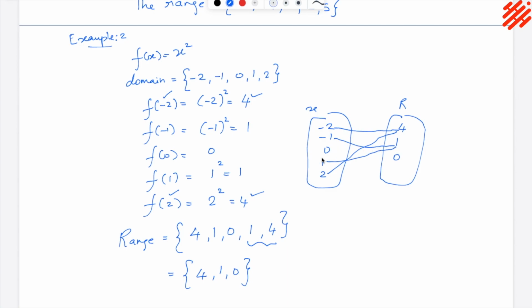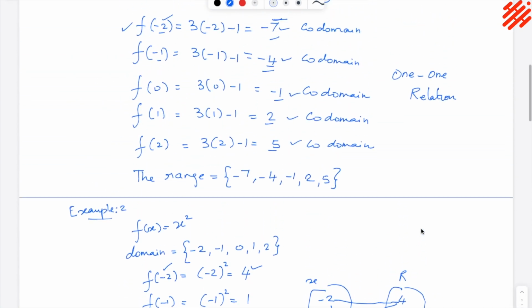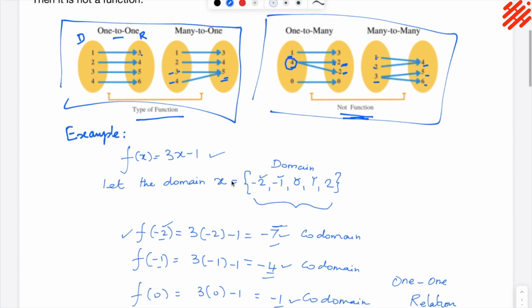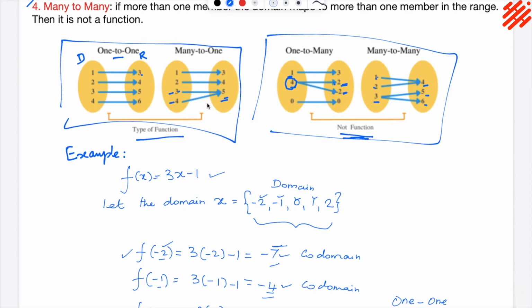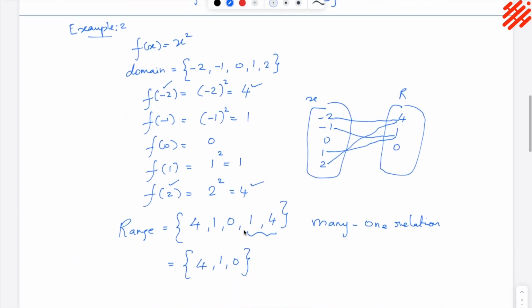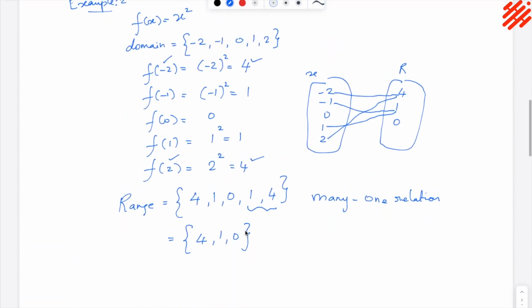That is a many to one relation. So a many to one relation is also a function.